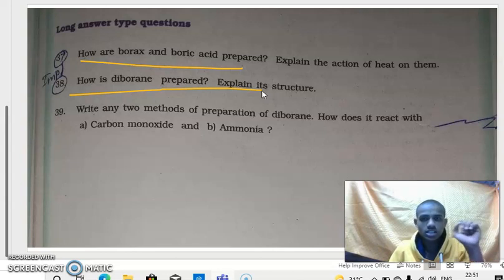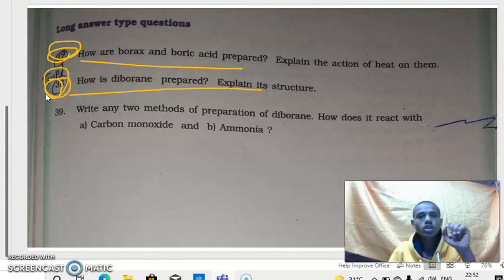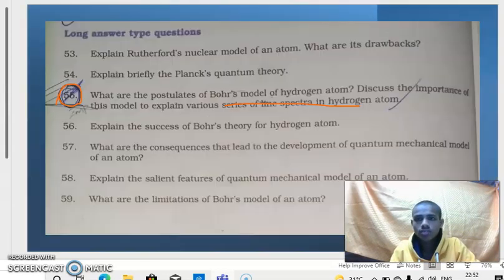Explain its structure. These two questions are most important questions. You need to focus on this. These are the important questions.